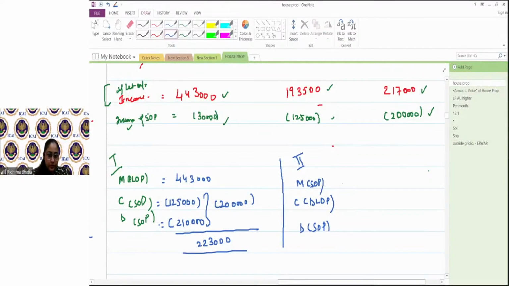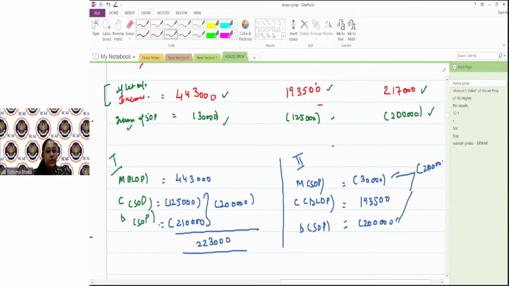Now if I assume Mumbai property to be self-occupied, the income from house property would be 30,000. अगर इसको deemed let out property लेती हूँ तो 1,93,500, and if Delhi also goes self-occupied then 2 lakhs. But restriction of this and this is maximum 2 lakhs.